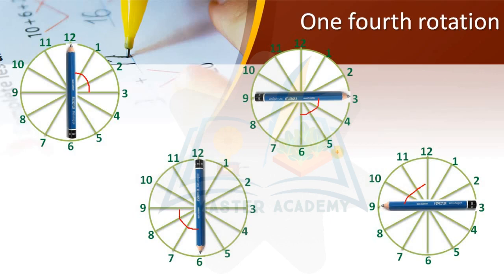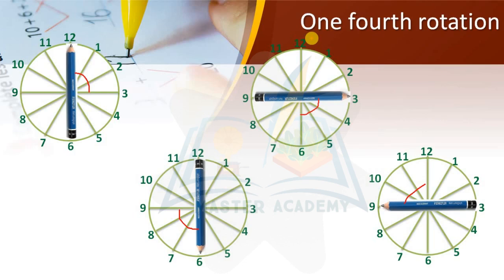So in this way the cycle is continuously going on. 1 to 3, 3 to 6, 6 to 9 and 9 to 12 are known as 1/4 rotation. Clear? Understood? This thing was taught by Shabana ma'am.